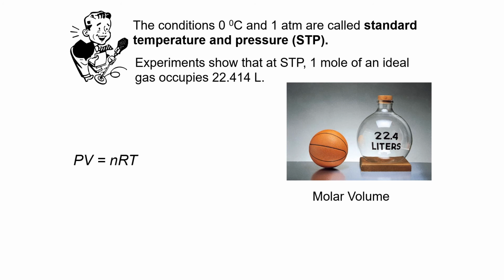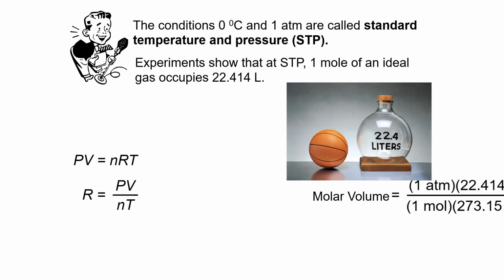So how did we arrive at R? We have this ideal gas law, PV equals nRT, but how did we find R? We can rearrange that equation and solve for R. And this is at STP.